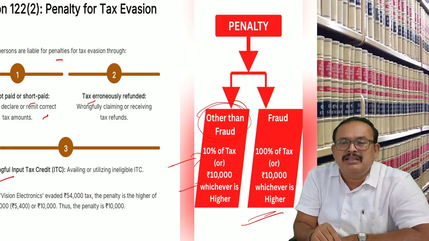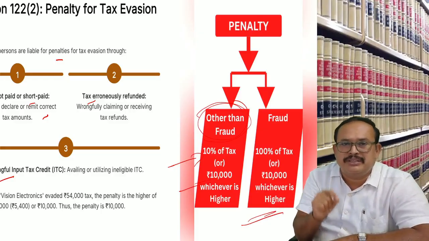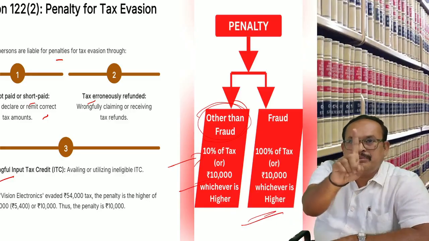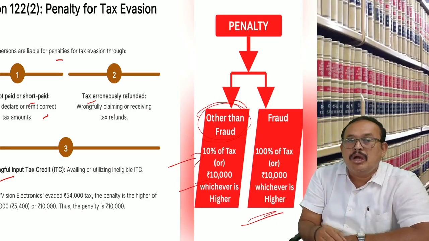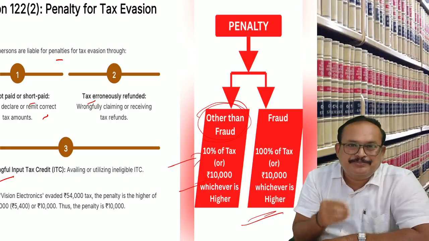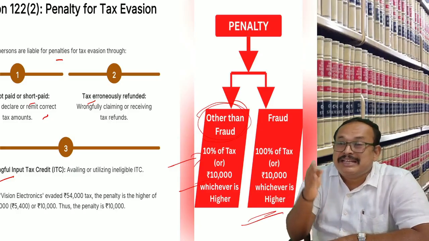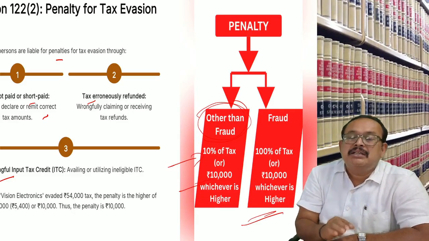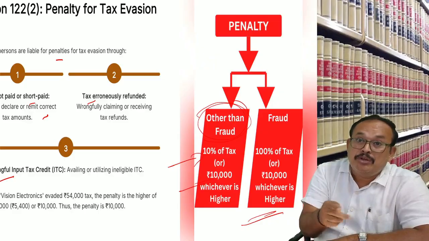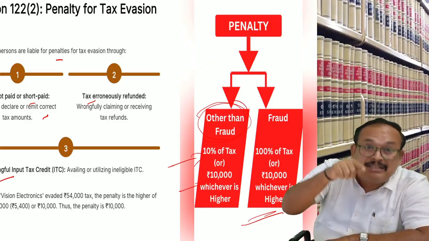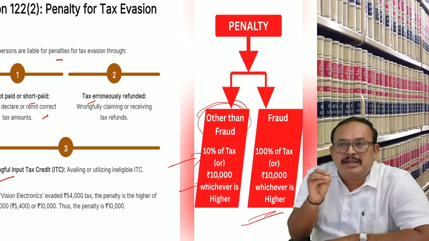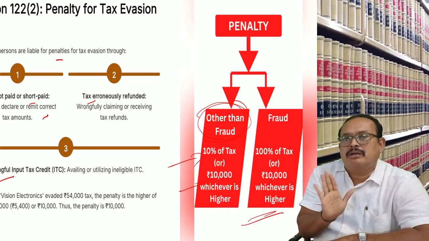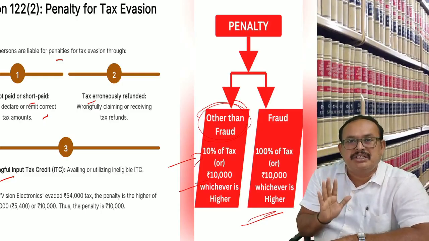Why not paid? Because of shortage of funds. Is it fraud or non-fraud? Non-fraud, because I disclosed my liability and am paying belatedly. So it does not invite the section 122(1) penalty. It is 122(2) where, for reasons other than fraud, the penalty is 10% of the tax or rupees 10,000, whichever is higher, as per CGST, equivalent to HGST.